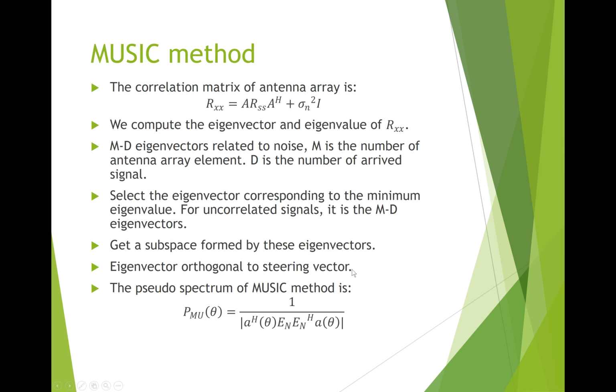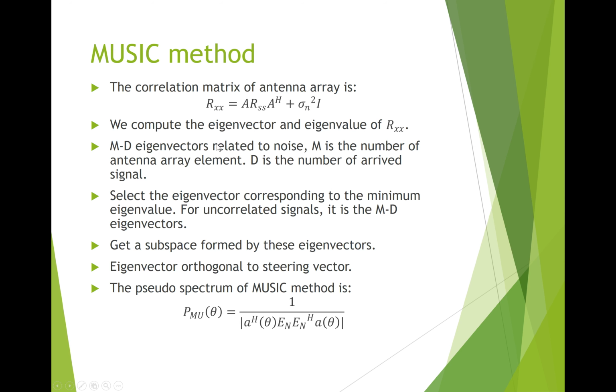And the fourth method is called the MUSIC method. It's short for multiple signal classification. The correlation matrix of the antenna array is in this form, which means the noise is in the correlation matrix, and we can compute the eigenvectors and eigenvalues of the correlation matrix of the antenna array.